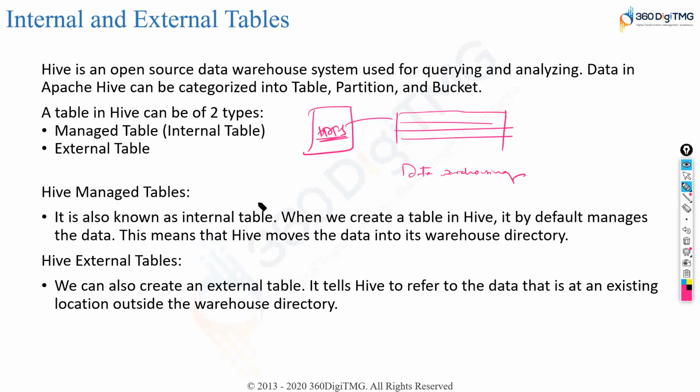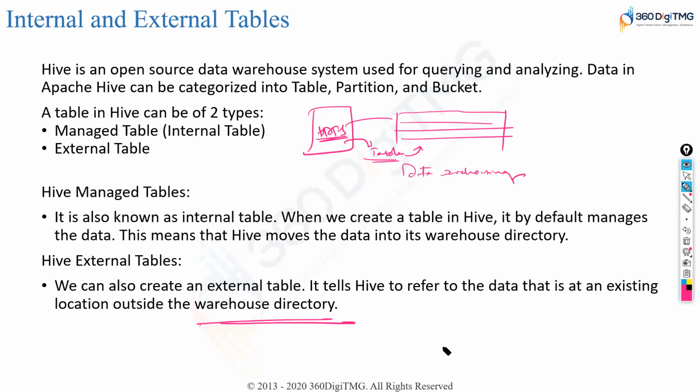Right? Now, if I create some table here and I'm trying to store it, where does the data go? In Hive, there is a warehouse directory that we create. This warehouse is a single point of folder where all the data sets come and sit.